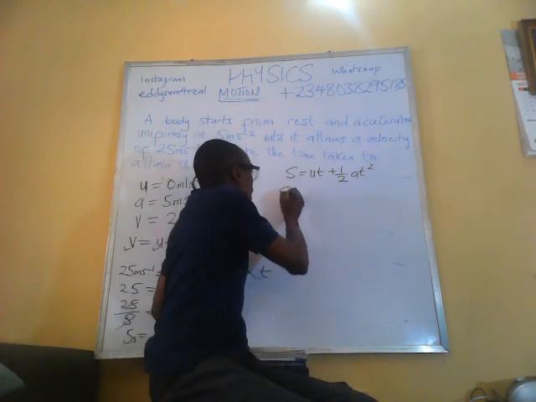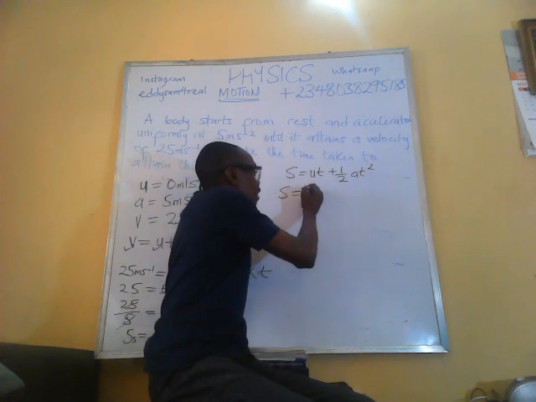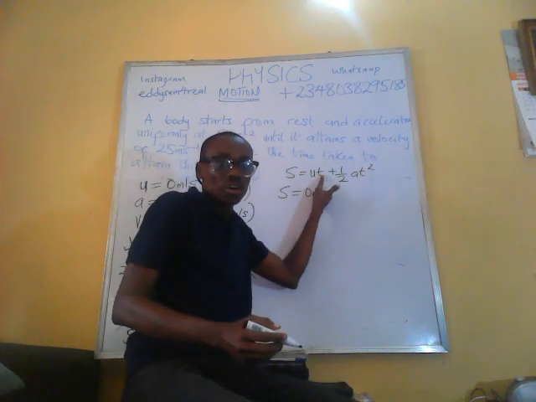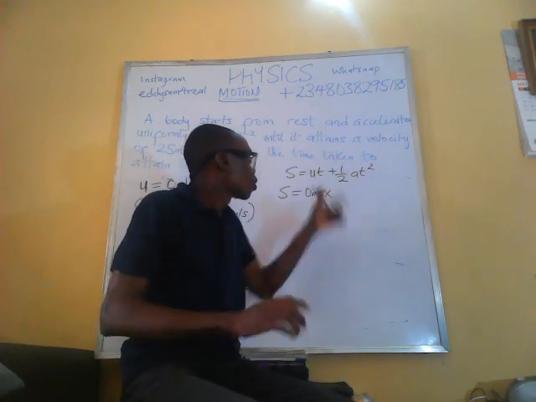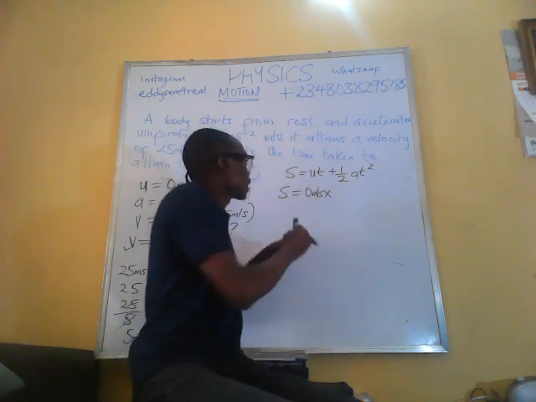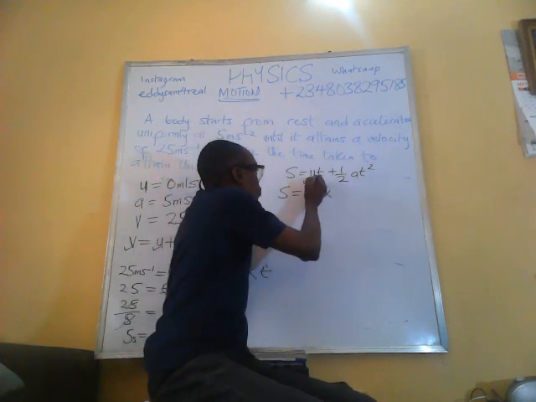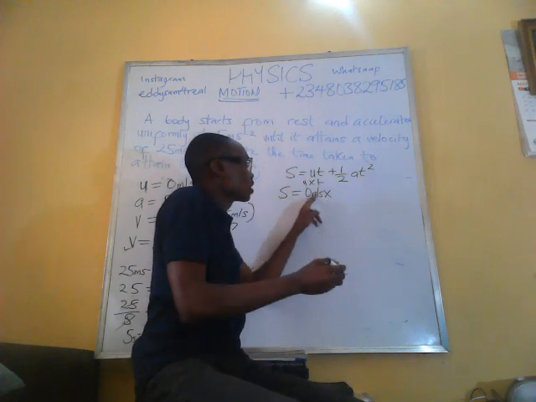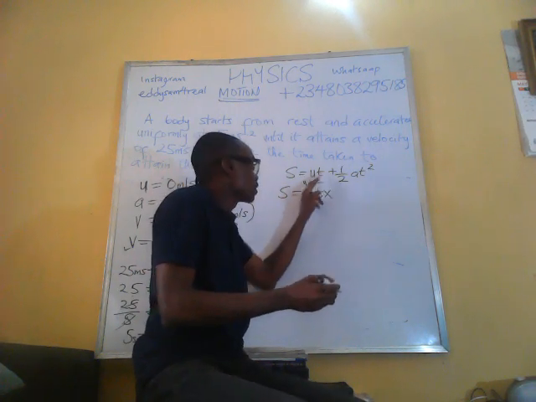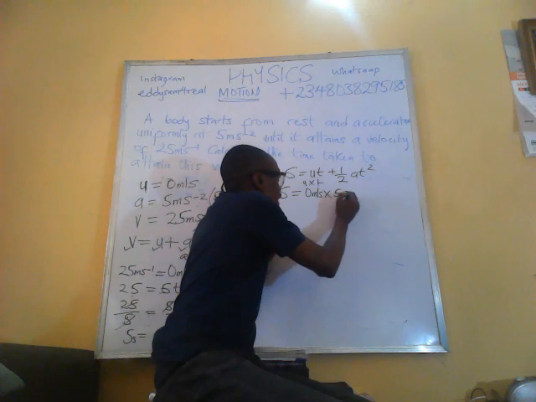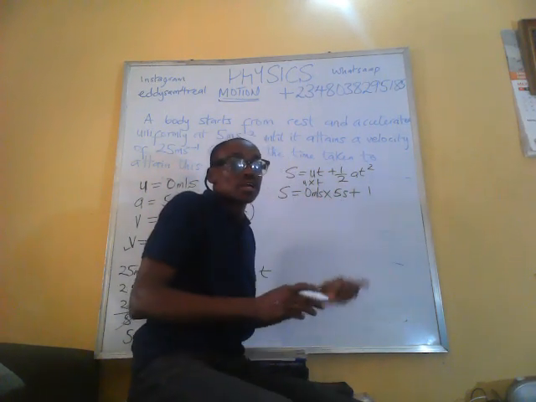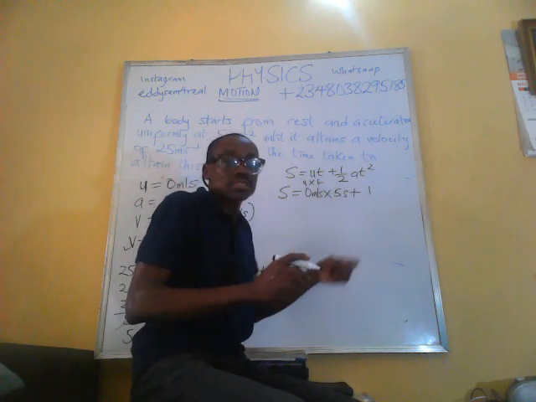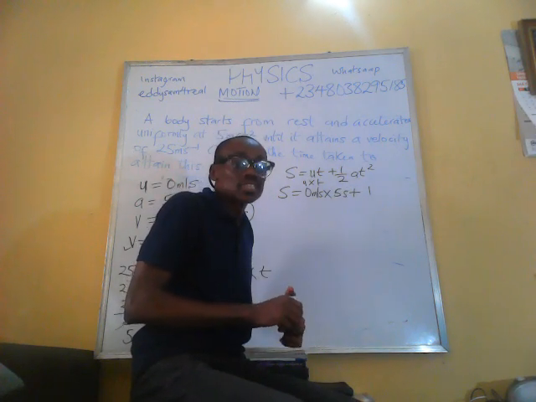So distance s is equal to initial velocity, which is 0 meters per second. I said ut, just like at, means a times t, so ut stands for u times t. So this is u, which is 0, times t, which is 5 seconds, plus half at squared, which means half times a times t squared.